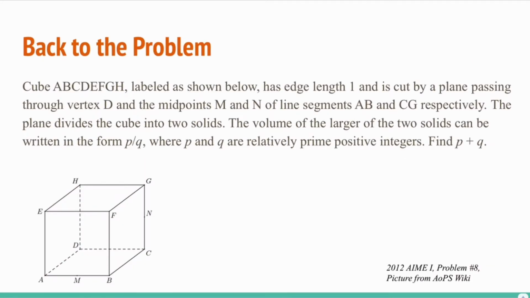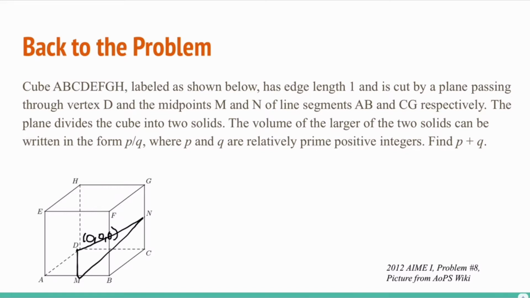Coming back to the problem, we see that we can solve it pretty easily with coordinate geometry. First, let's set D equal to the point (0, 0, 0). Then, we need to find the equation of the plane DMN and the equation of the line BF and find the intersection.